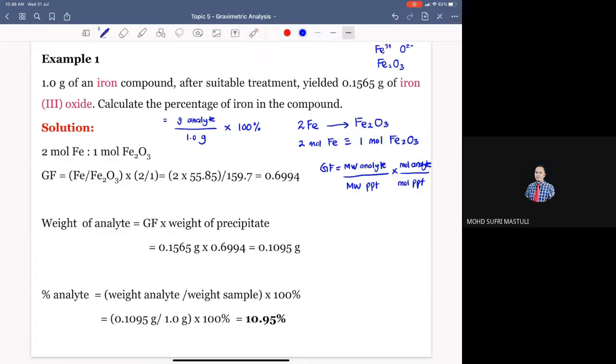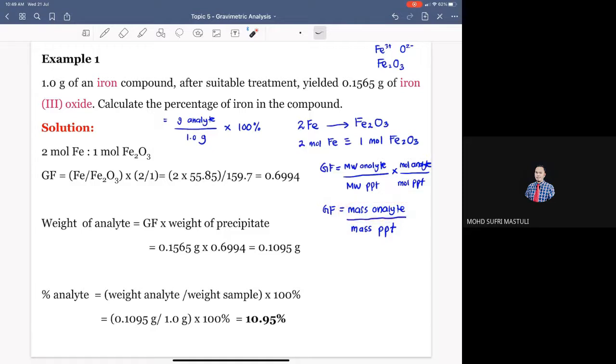From the gravimetric factor, you know mass analyte over mass precipitate. So you already have the gravimetric factor, and then you know the mass of precipitate, 1 gram, and then you can calculate the mass of analyte.